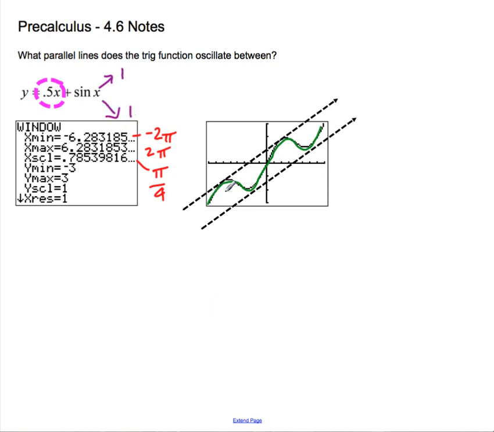So I'm actually on this graph bordering between parallel lines of y equals 0.5x minus 1, and y equals 0.5x plus 1. And that's where those guys are rolling through.